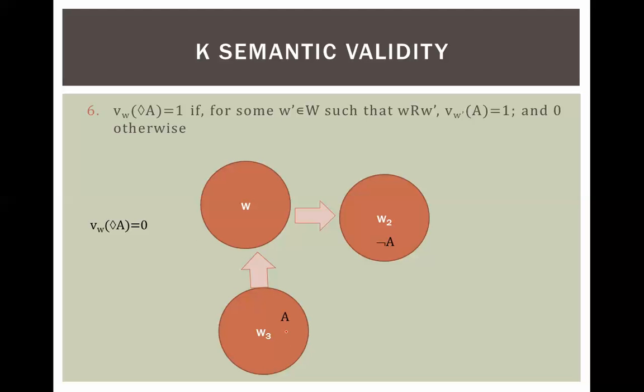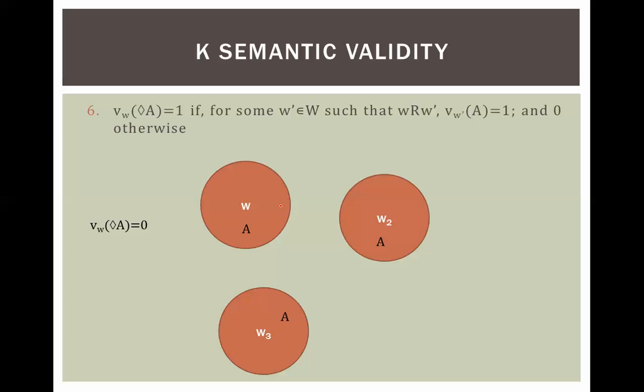That's true even if the world in which A is true relates to W, by the way. W must be related to W3, but W3 can be related to W without possibly A being true. W can access W3 even if W3 can access W. If we had a double arrow, W3 accesses W and W accesses W3, then we would have possibly A equals true. But since we don't have that, it doesn't work.